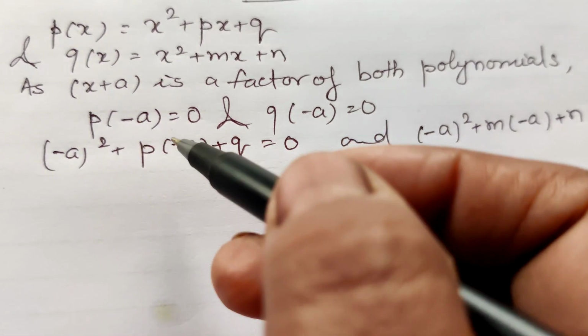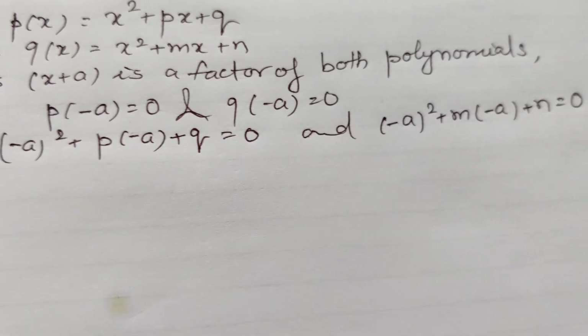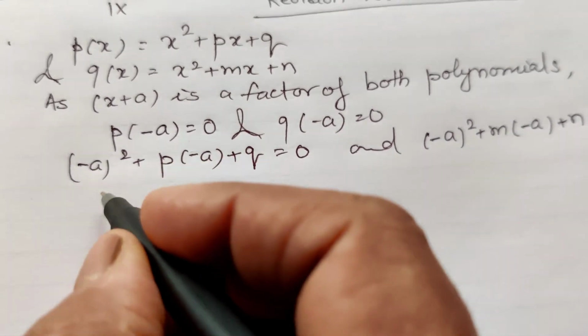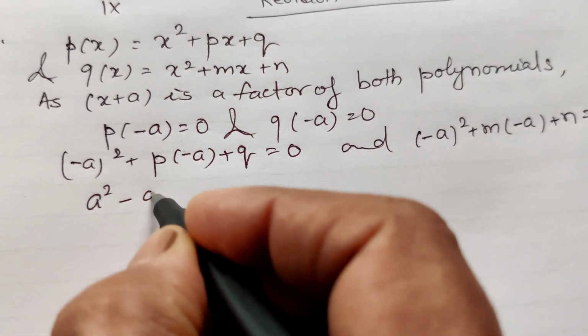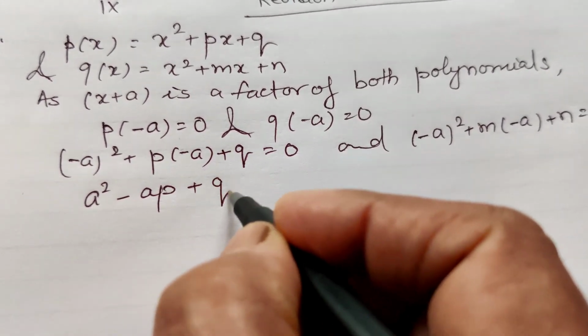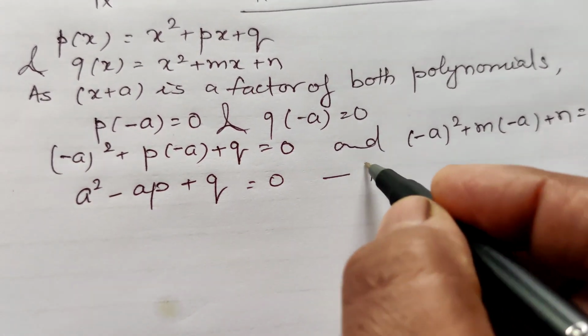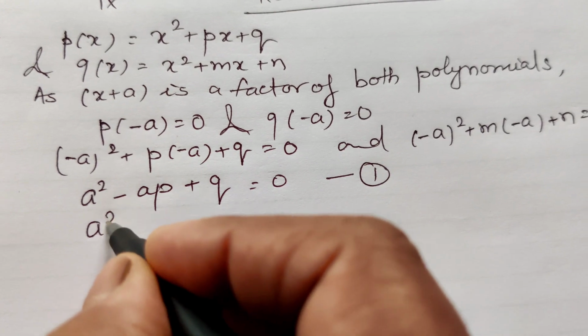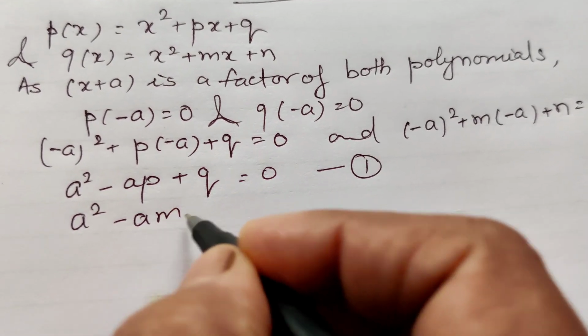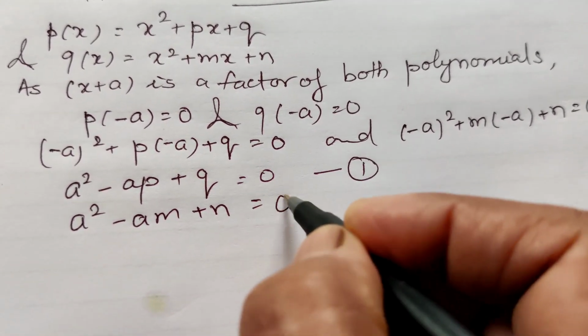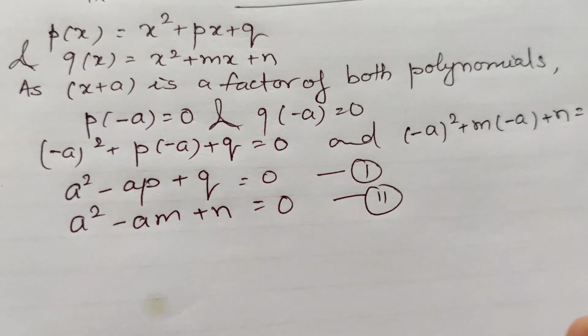So we get a square minus ap plus q equal to 0. This is the first equation. And second, a square minus am plus n equal to 0. This is the equation number 2.